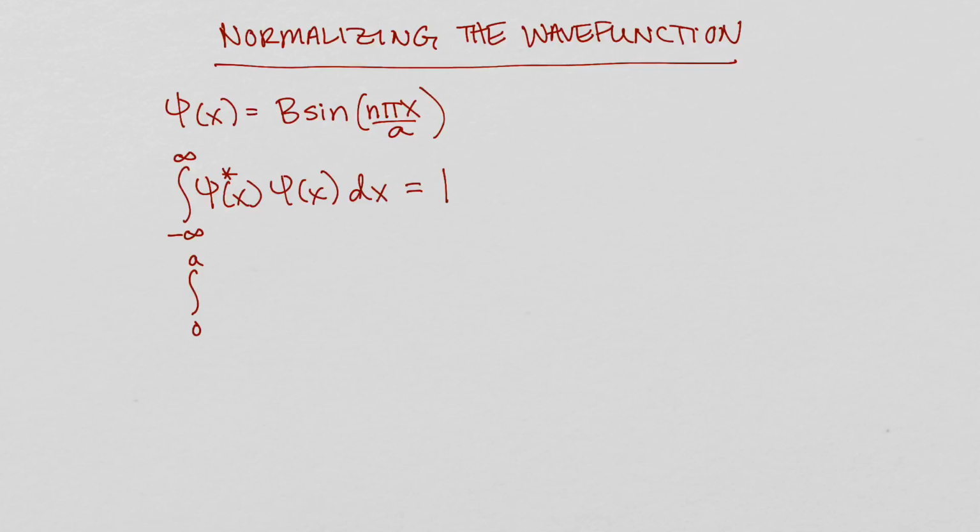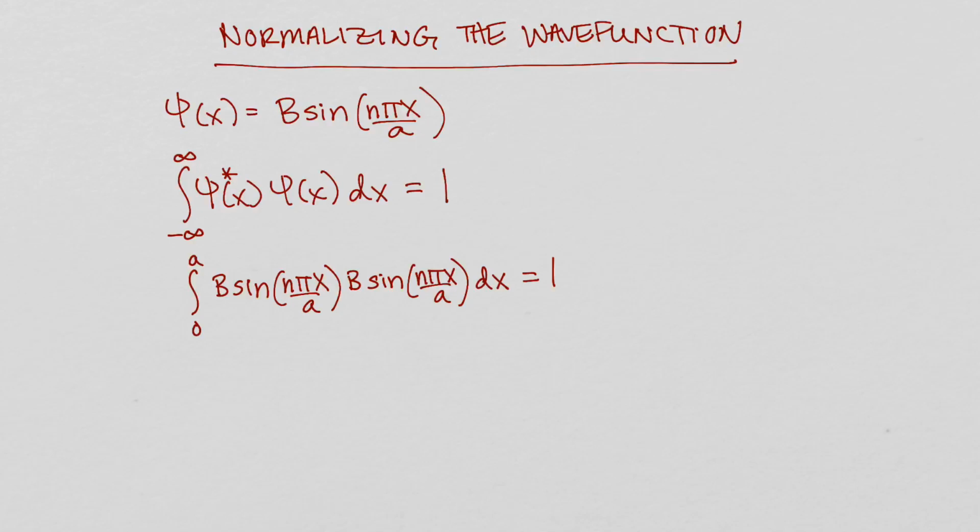There's no i anywhere in our wave function, so we'll just put b sine n pi x over a for our psi star, and then once again for our psi. So we essentially have our wave function squared, our psi squared, and we want that to equal 1.